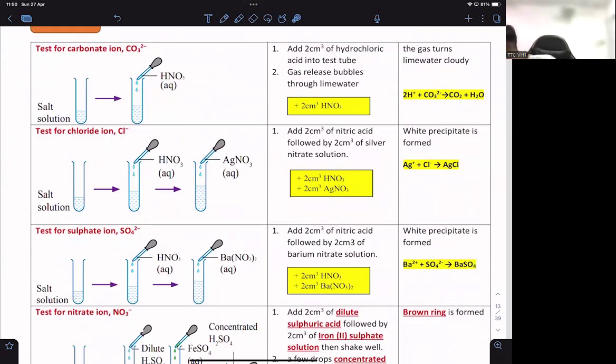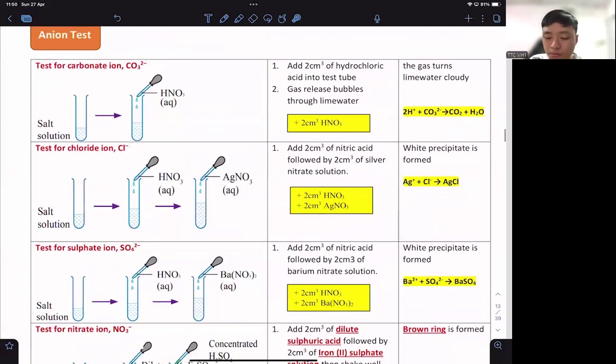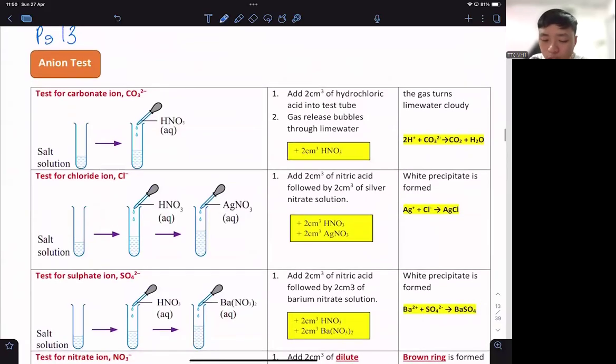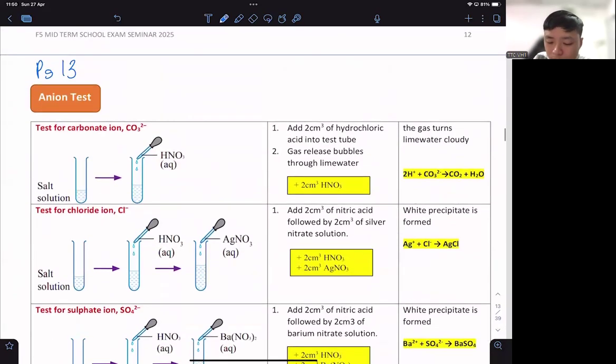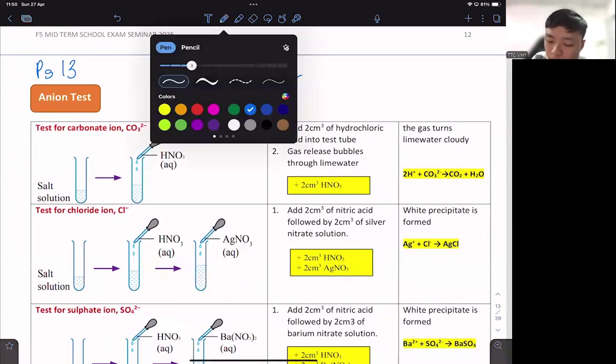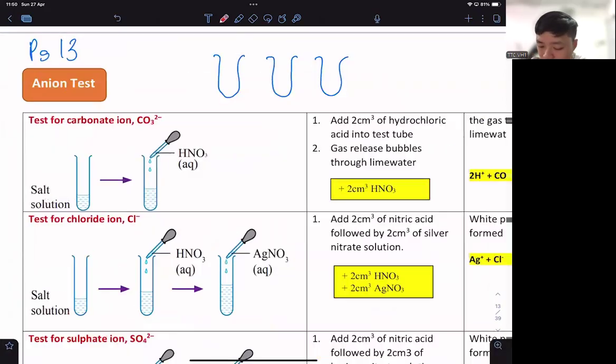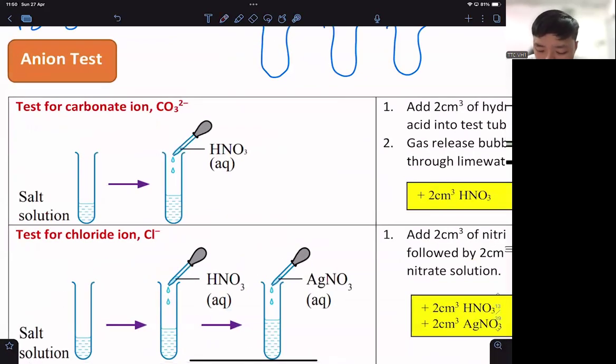Okay, in this part, very simple. So you have carbonate ion. Now what should you do? I tell you one more time the story, just in case you forget. How do we know whether it's carbonate ion, chloride ion, sulfate ion or nitrate ion?